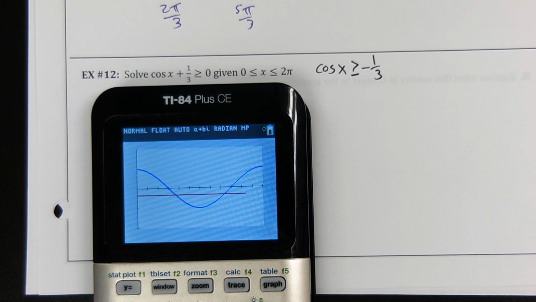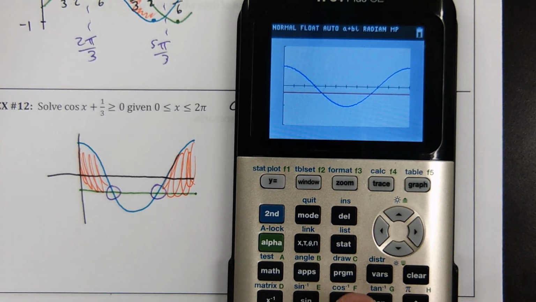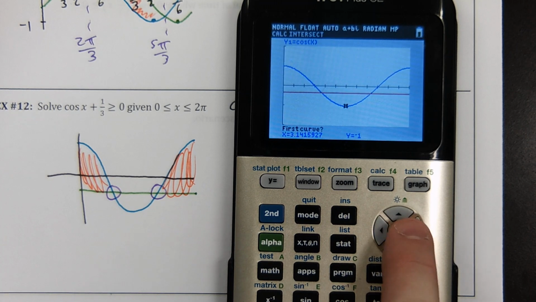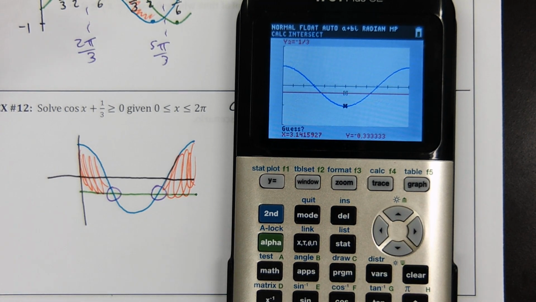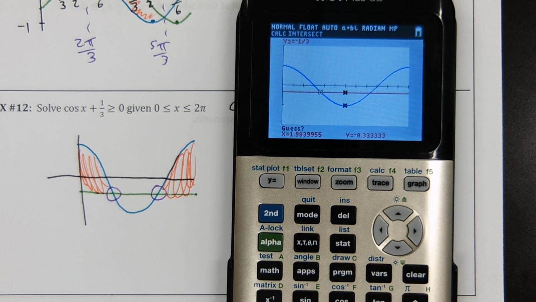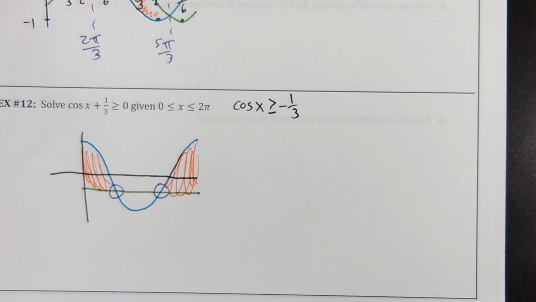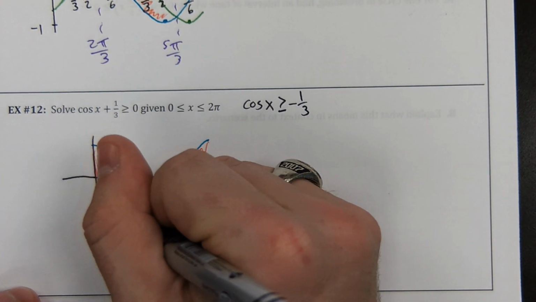There's negative 1/3. Second trace intersect is going to give us our two results. Second trace intersect is the number 5. Hit yes, and then scroll. Looks like it happens once at 1.911. Yes.